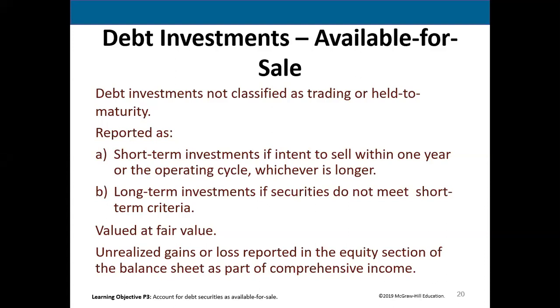Any unrealized gain or loss is not reported on the income statement. It's reported directly in the equity section of the balance sheet. It never goes into the income statement and is shown as net income. It kind of bypasses the income statement and goes right into equity so that it never affects net income directly.